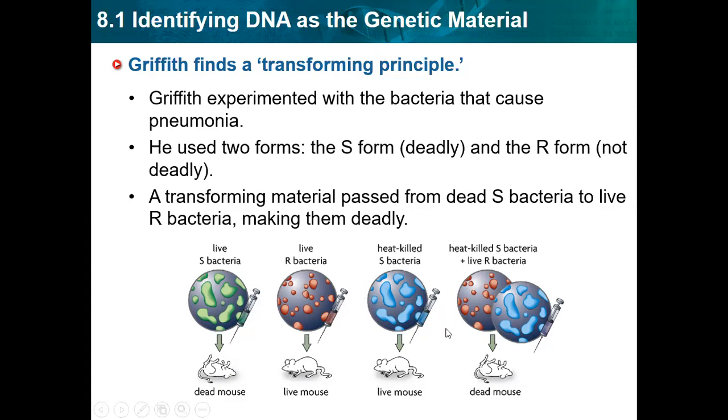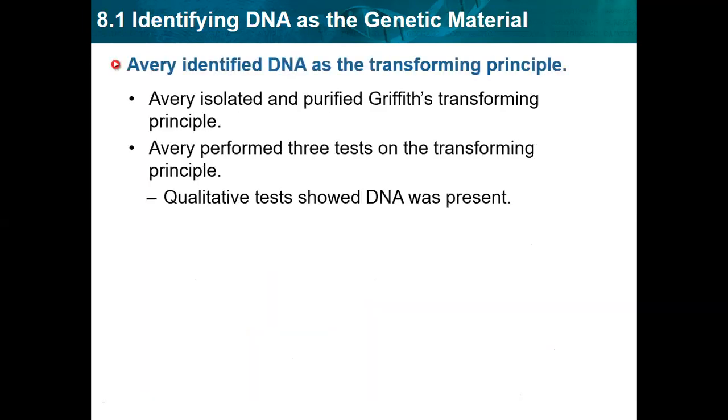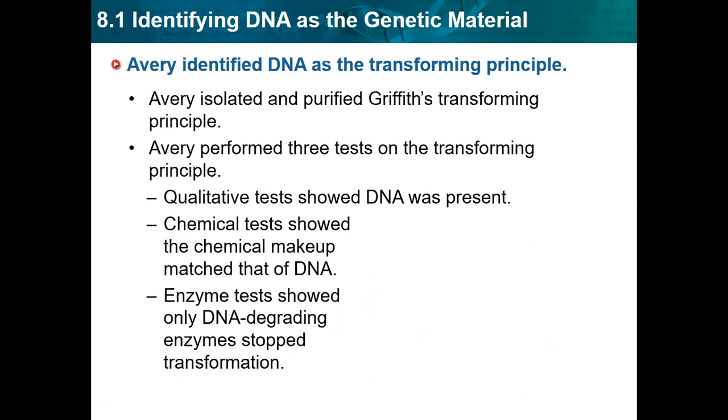This is what brought about the transforming principle, which says there must be something in the heat-killed S bacteria that is transferred into the live bacteria and made it active to kill the mouse. That was when the research continued to get more advanced. Avery also identified DNA as a transforming principle.